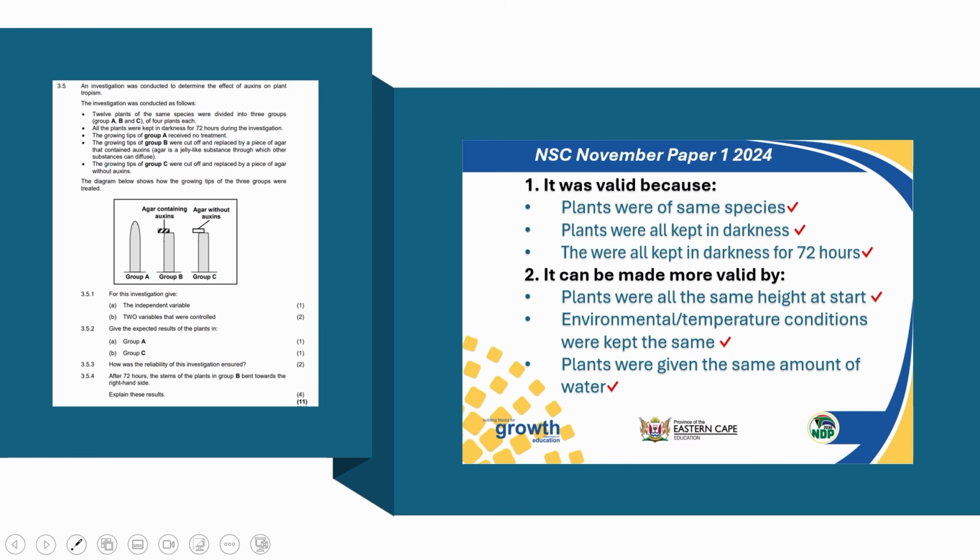Things like temperature and humidity might affect the growth of the plant as well, and therefore affect how the plant responds. Also, if plants were given the same amount of water and treated the same way, for instance had the same soil conditions as well, this might also affect the growth of the plants and affect our results.